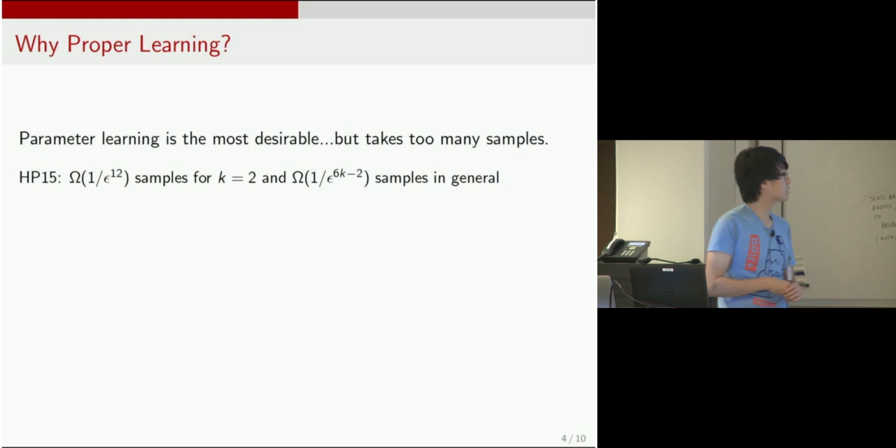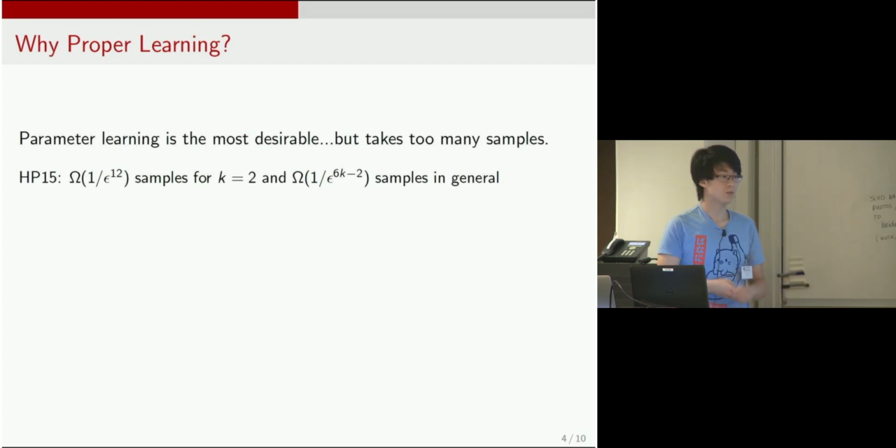A paper by Moitra and Valiant, and Hardt and Price, showed that even for a mixture of two GMMs, you need 1 over epsilon to the 12th samples to recover the parameters. In general, you need 1 over epsilon to the 6k minus 2 samples for a mixture of k Gaussians. Even for reasonable epsilon, this is prohibitively many samples. So in general, it just seems hard to do parameter learning.